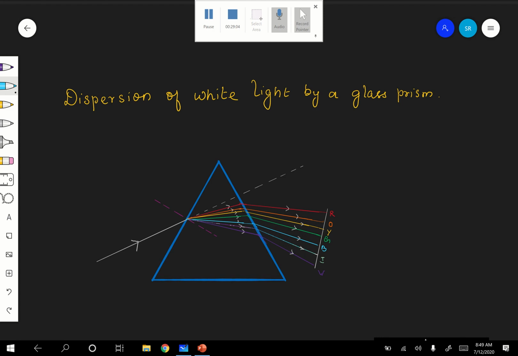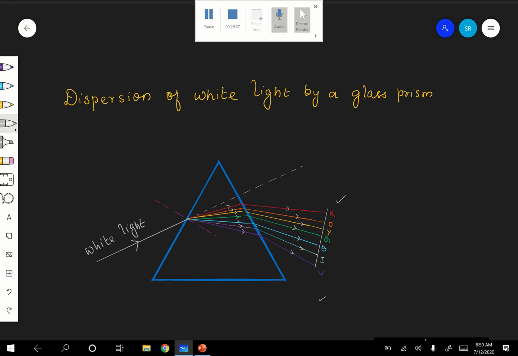It is the phenomenon of splitting off a beam of white light into its constituent colors on passing through the prism.